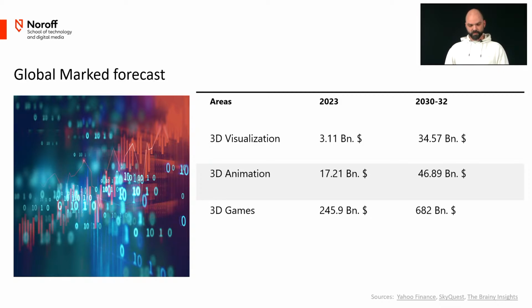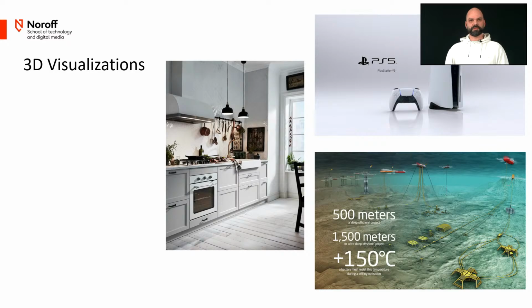So what does this mean? If you look at 3D visualization first, this will be product visualizations, interior, exterior, architectural visualization. You see we have an image here from the offshore sector as well. So 3D renders and visualizing of various 3D work.